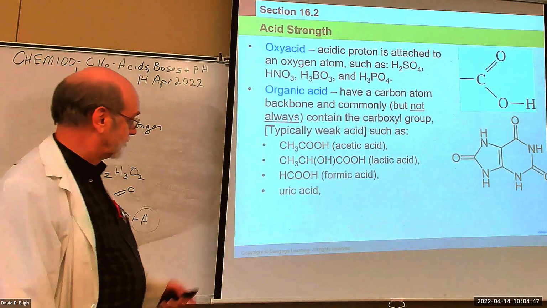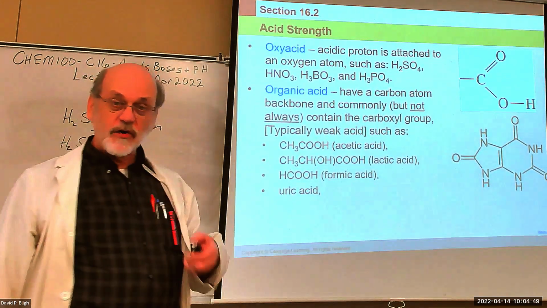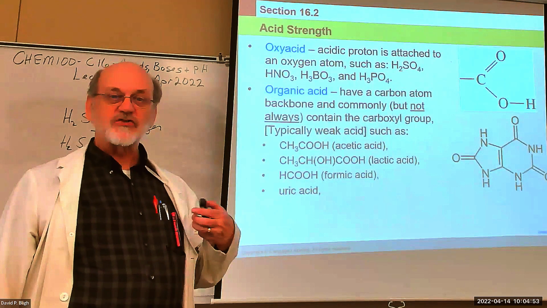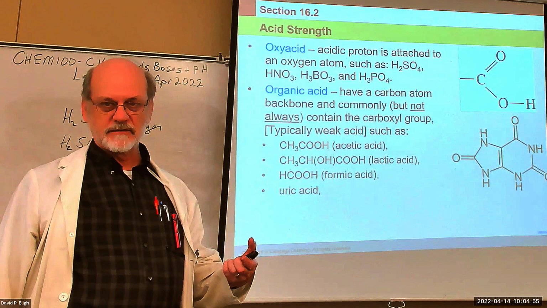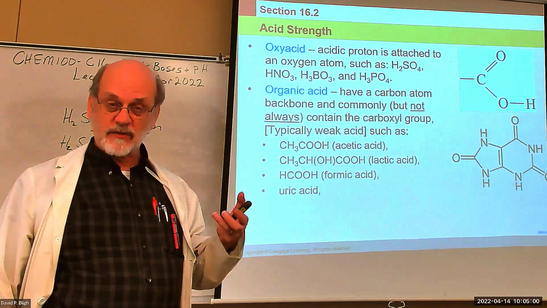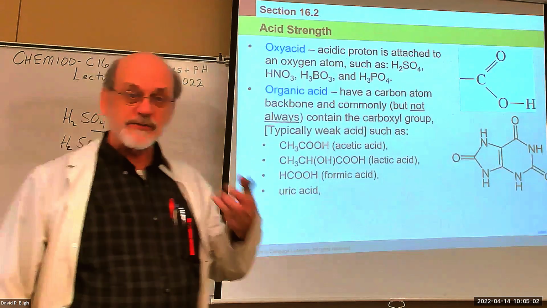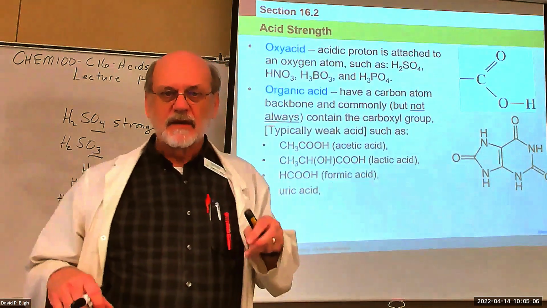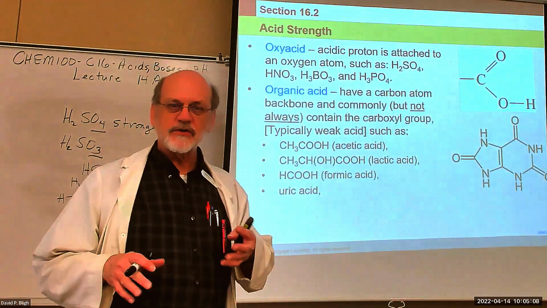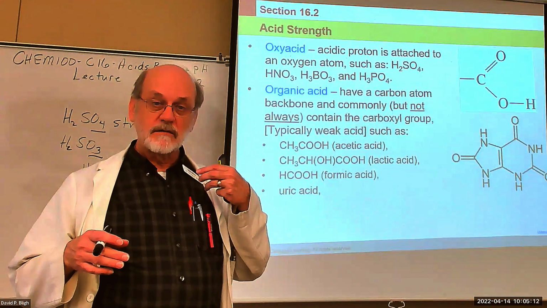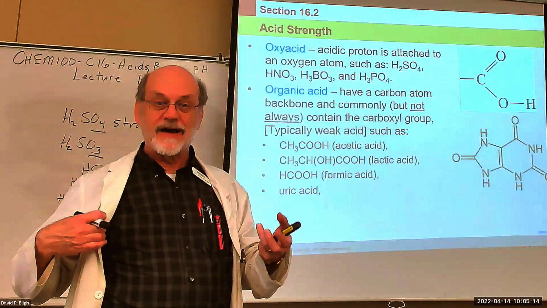Uric acid. Okay? Uric acid is a nitrogenous waste product. For some animals, it's their principal way of expelling extra nitrogen from their bodies. Humans, all mammals, expel nitrogen waste as urea.